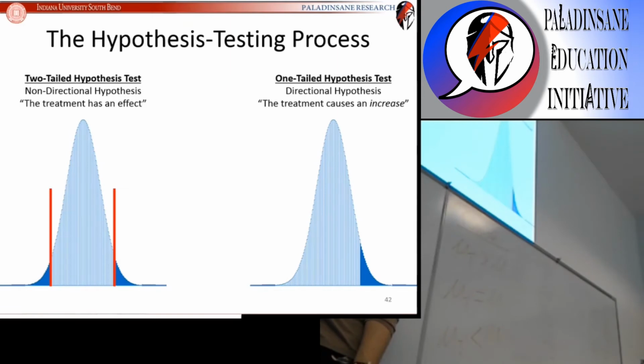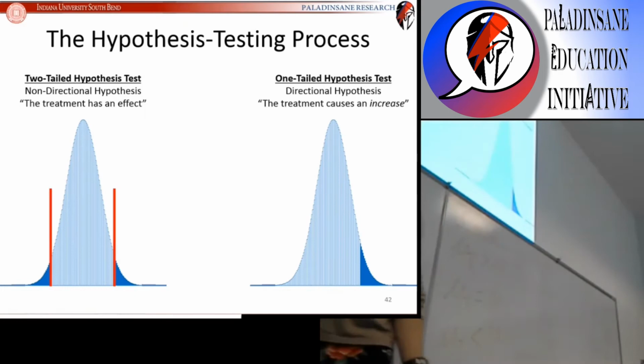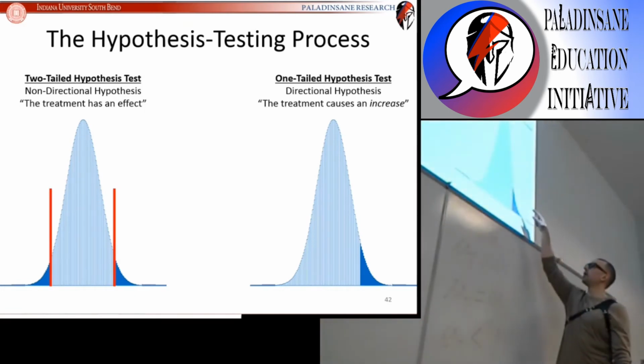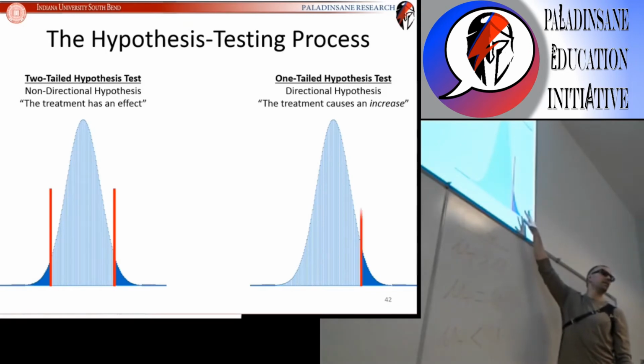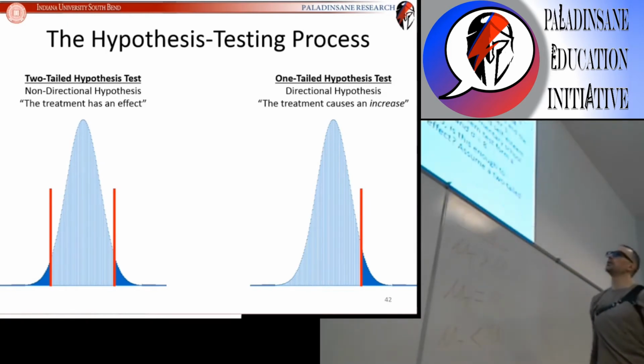Well, we got a program for you, right? We're only interested in this side. So we don't want to throw away half our power. We want the test where we're looking for an increase so that we have the greatest power, the strongest, if you would, magnifying glass to find the truth that is actually out there. So that's what we're going to do this time.